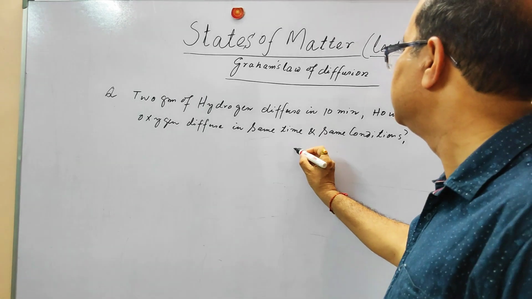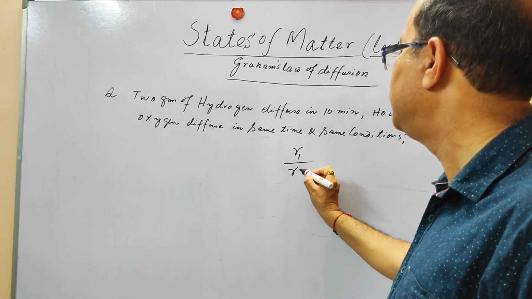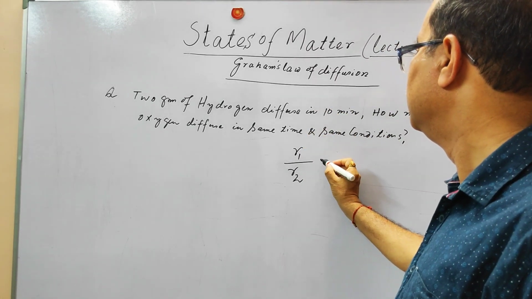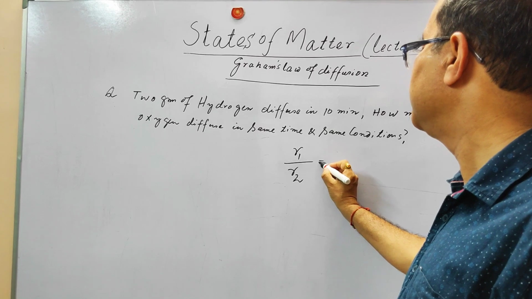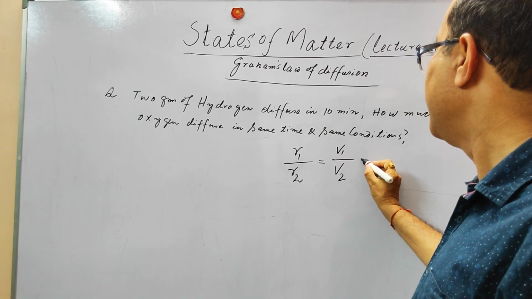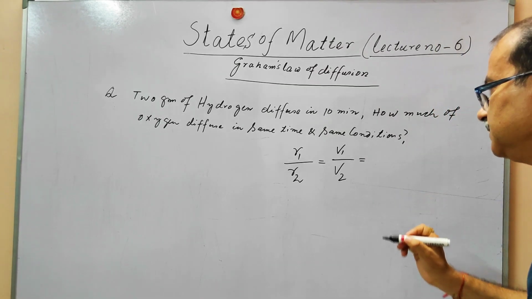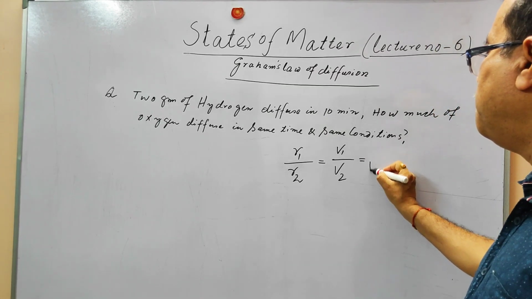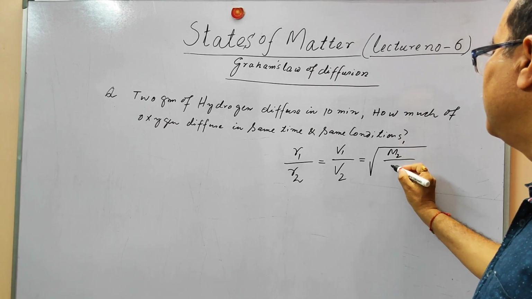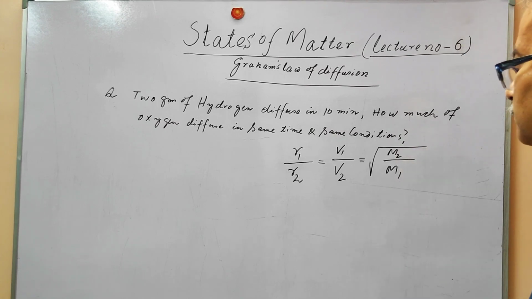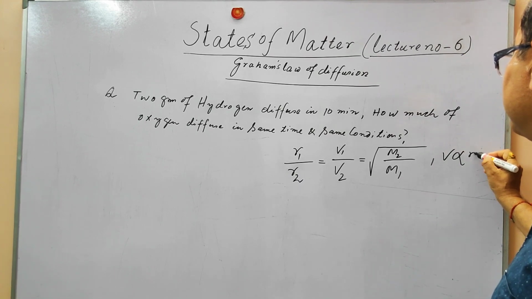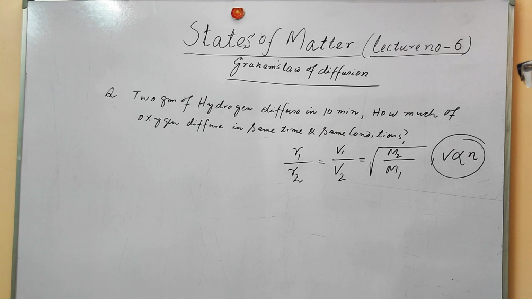So we know R1 by R2. Here T is the same. R1 by R2 is V1 by V2, and it is root of M2 by M1. And we know that V is directly proportional to the moles.